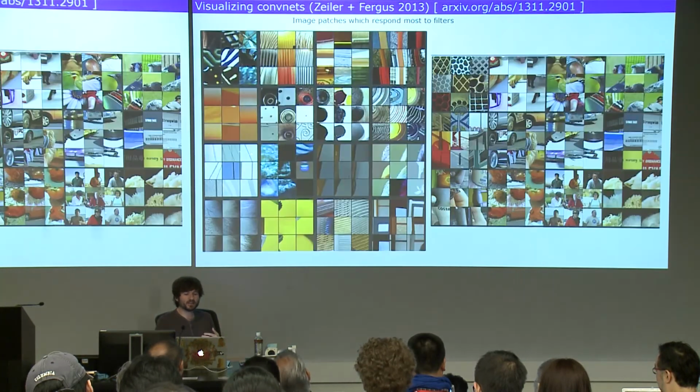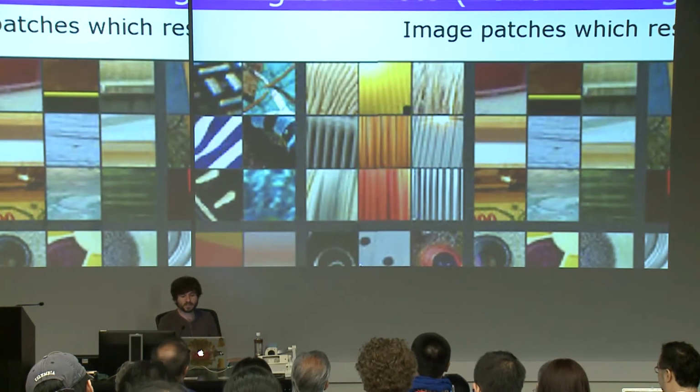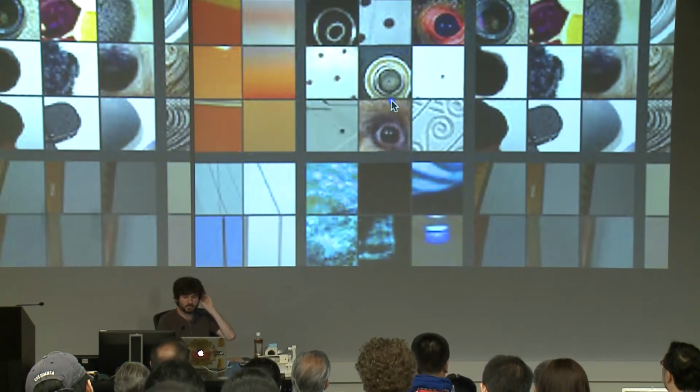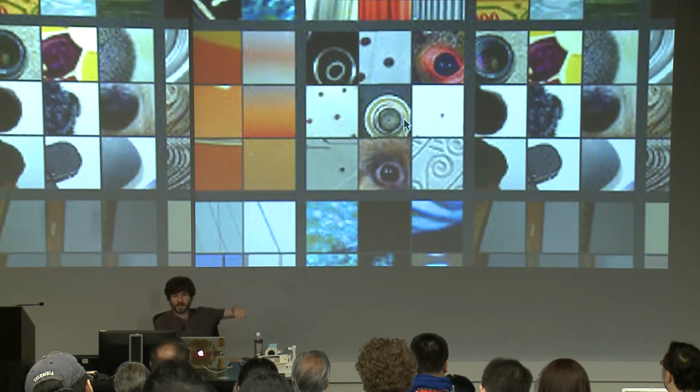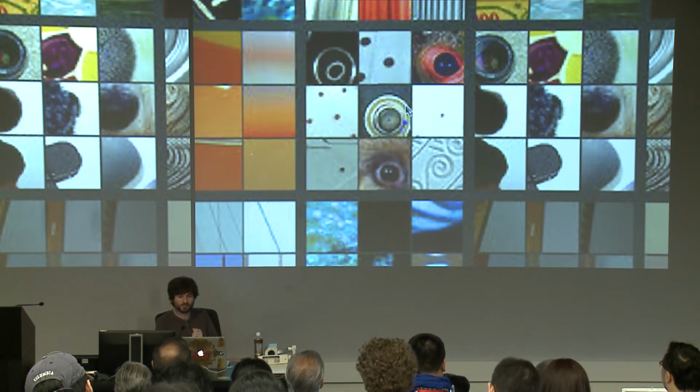So if you do this in later layers, for example in the second layer here, you see that there's one neuron which likes parts of images which have parallel lines, seems like vertical parallel lines here. And this neuron likes parts of images that have rings. These are actual photographs, and this neuron responded very highly to these ring patterns.